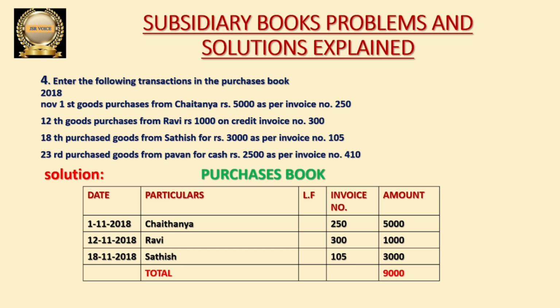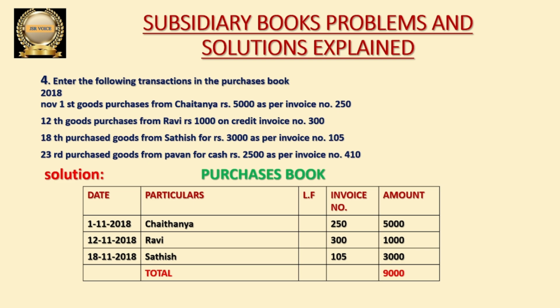18th date. Purchased goods from Satish for rupees 3000 as per invoice number 105. So here they are purchasing goods only. One condition satisfied, from Satish, name is given. Second condition also satisfied. They did not mention cash anywhere, so it is credit purchases.